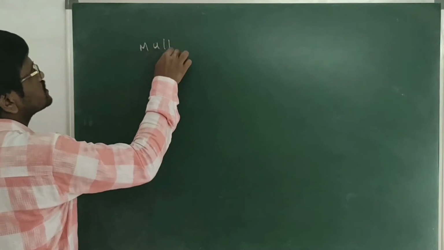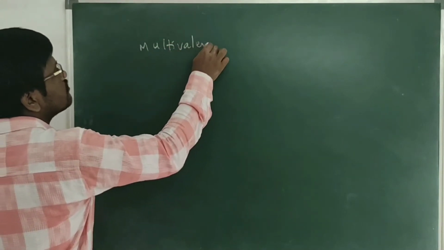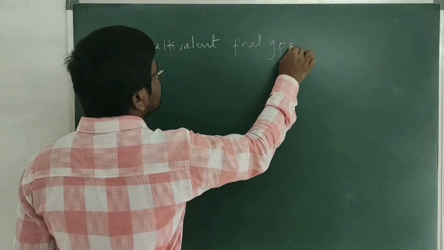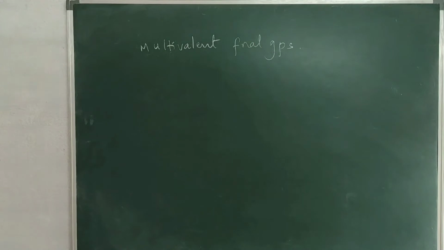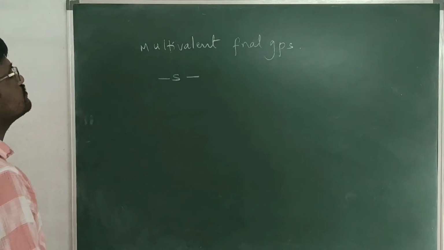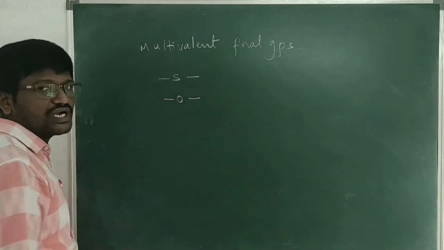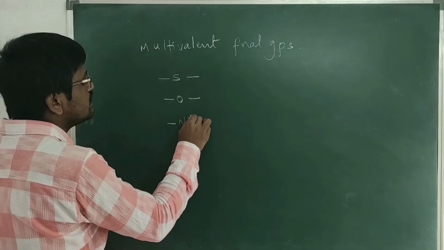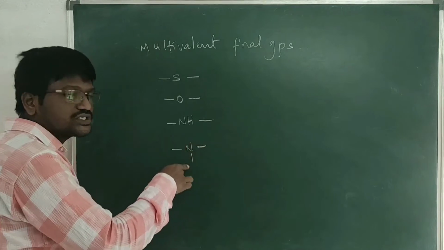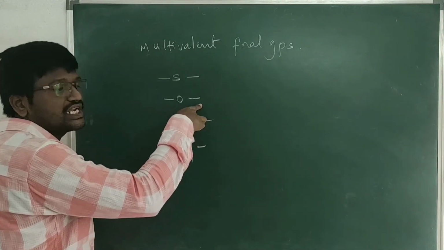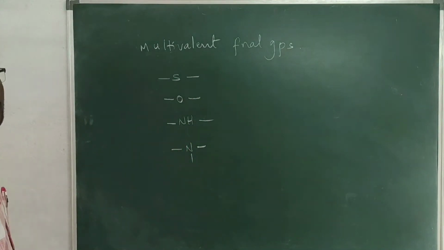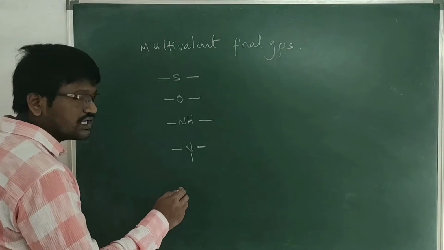Multivalent functional groups only exhibit metamerism. For example, thioether will exhibit metamerism, and ether will exhibit metamerism, and secondary amines will exhibit metamerism. Tertiary amines, that is trivalent functional group, this is divalent functional group. Divalent and trivalent functional groups will exhibit metamerism, that is tertiary amine we can take.